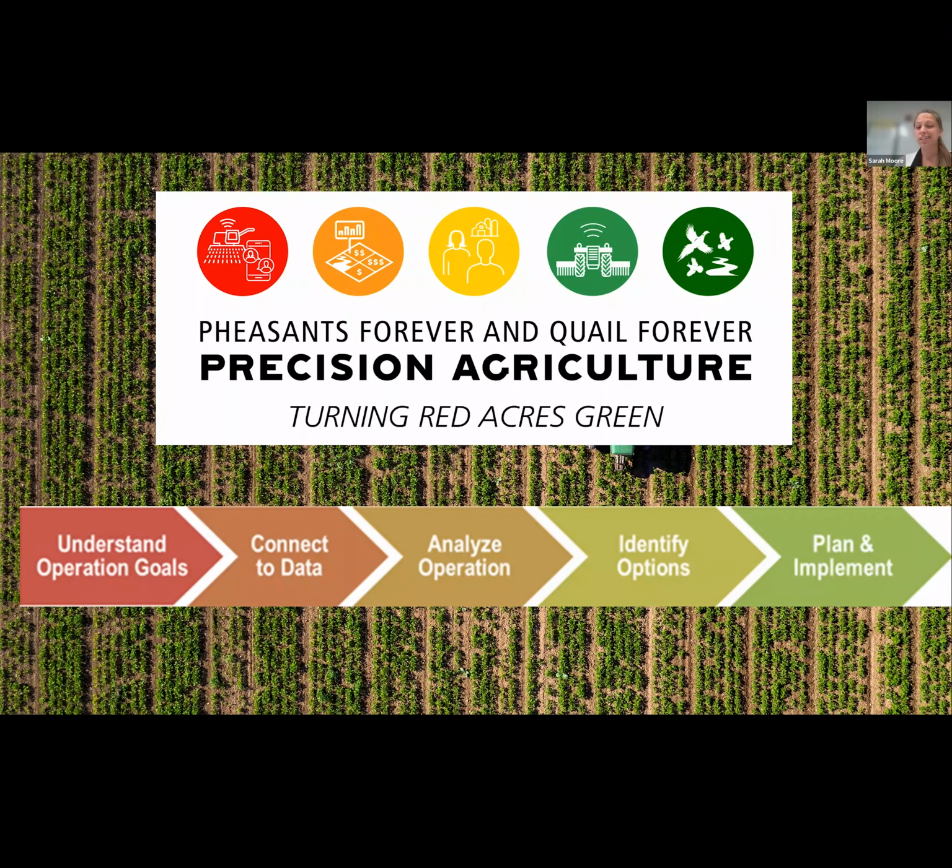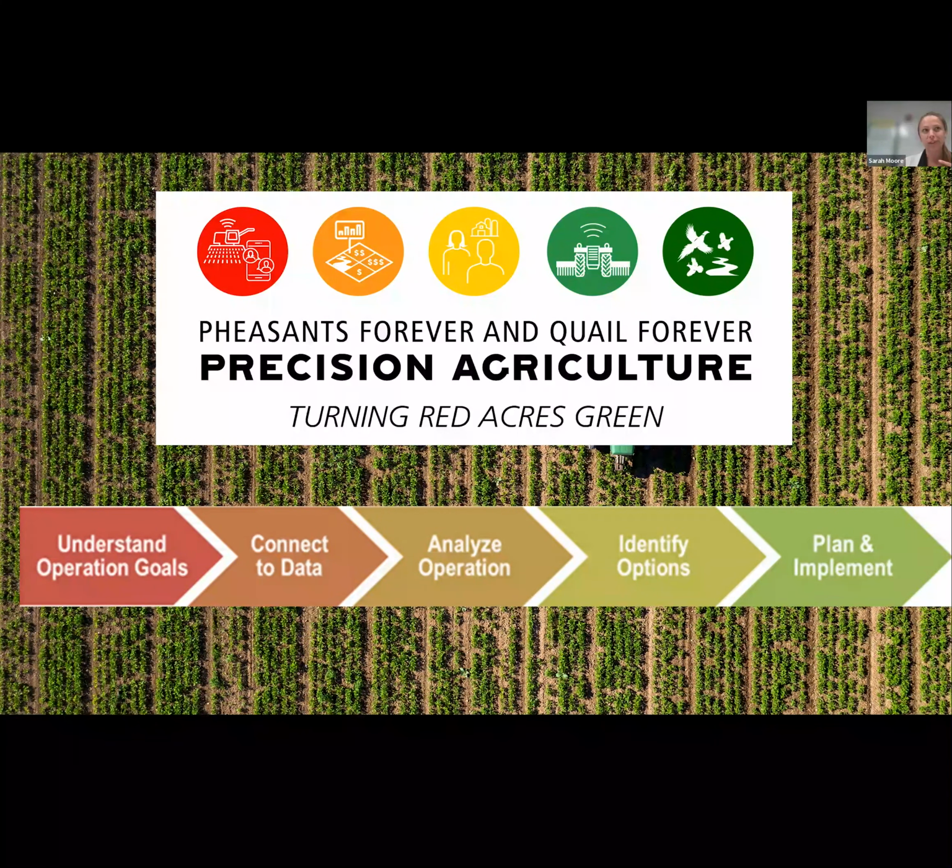The next step is to connect to that data we were talking about before, and then analyze the operation. Every farmer is different. What are your management practices? What is your usual rotation? What kind of equipment do you already have on hand? And then we want to identify options and tailor it to the farmer and to the farm.